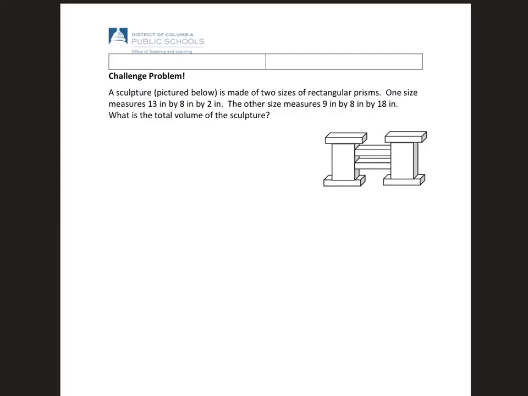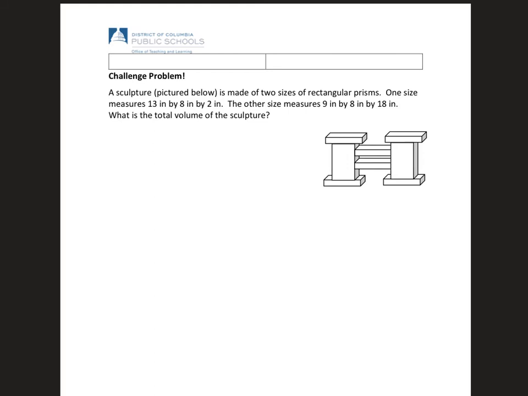A sculpture pictured below is made of two sizes of rectangular prisms. One size measures 13 inches by 8 inches by 2 inches. The other size measures 9 inches by 8 inches by 18 inches. What is the total volume of the sculpture?